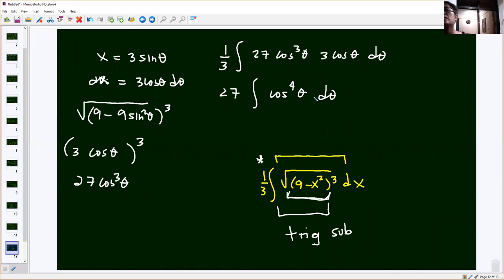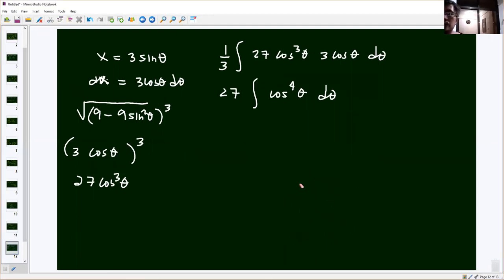Okay? Now, anong pwedeng gawin dito? Cos to the 4th. Yung identity naman ang gamitin natin. Burahin ko na to. Earlier, we have cos squared.